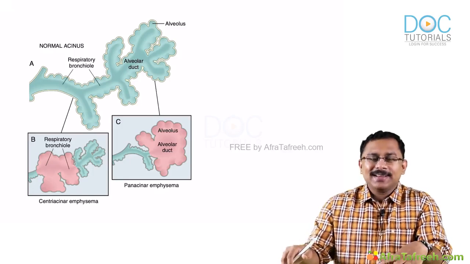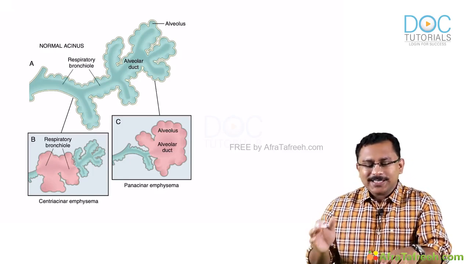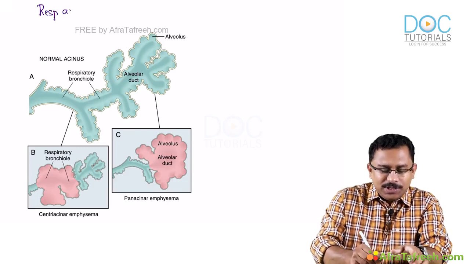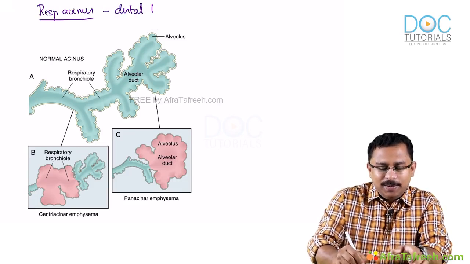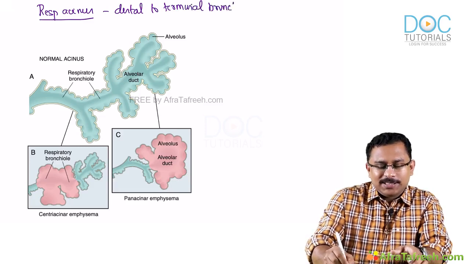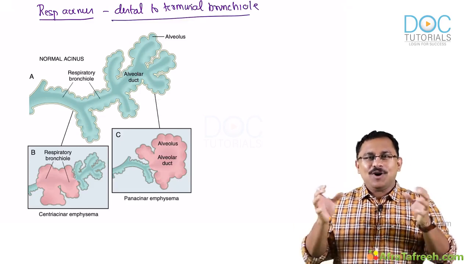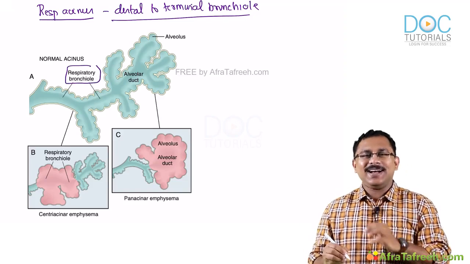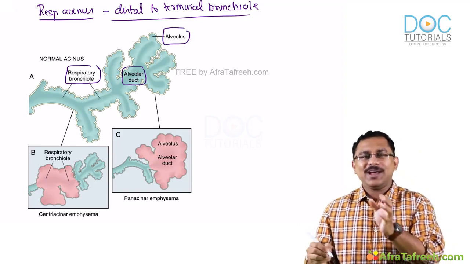Now this one you can see here is a section of the respiratory acinus. If you ask me what is this respiratory acinus, it is that portion of the respiratory tree that is distal to the terminal bronchiole. So distal to the terminal bronchiole, the part of the respiratory tree is called a respiratory acinus. What are the components? It includes the respiratory bronchiole, the alveolar ducts and the alveoli.